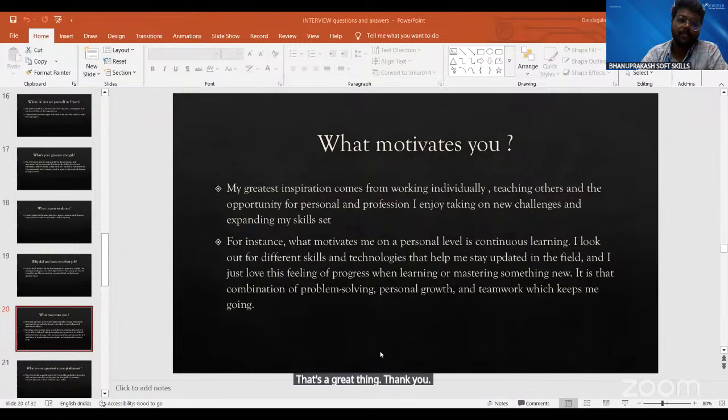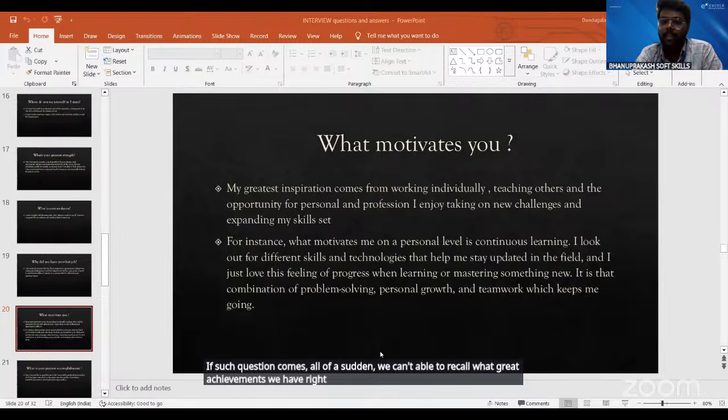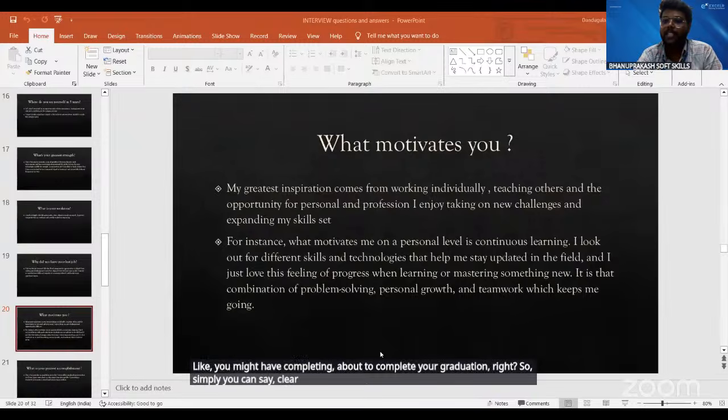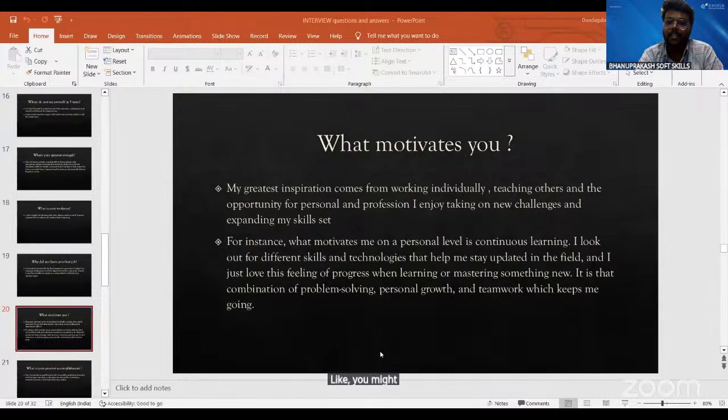All right. If such a question comes, all of a sudden we can't recall what great achievements we have right now. So in a worse condition like that, like you might be about to complete your graduation, right? So simply you can say clearing all the subjects without any backlogs. Isn't that a great achievement?